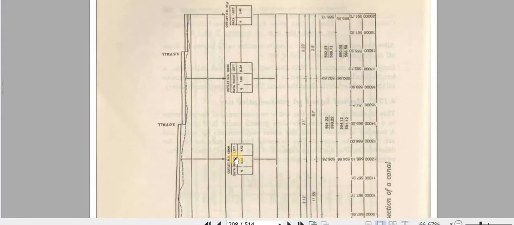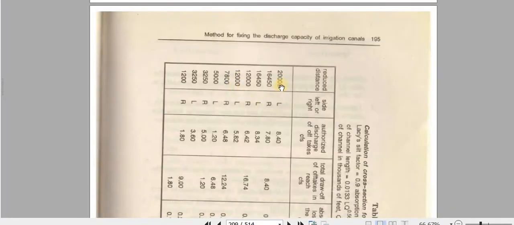So when water is passing this one, there should be enough water to meet the demand of this right, this left, and this left one. So this table is written as: when water is at this point, it should be 8.4 after this one.